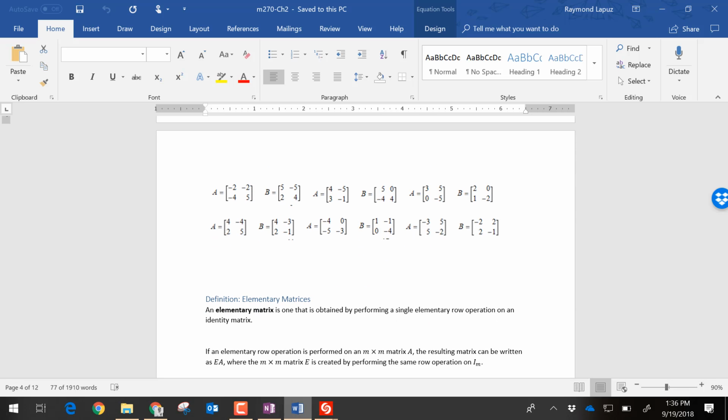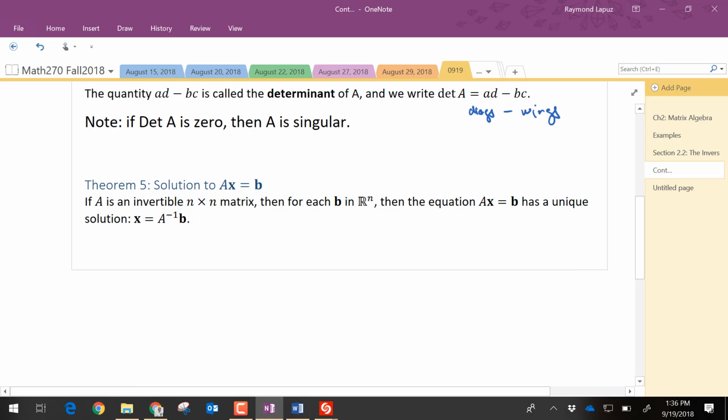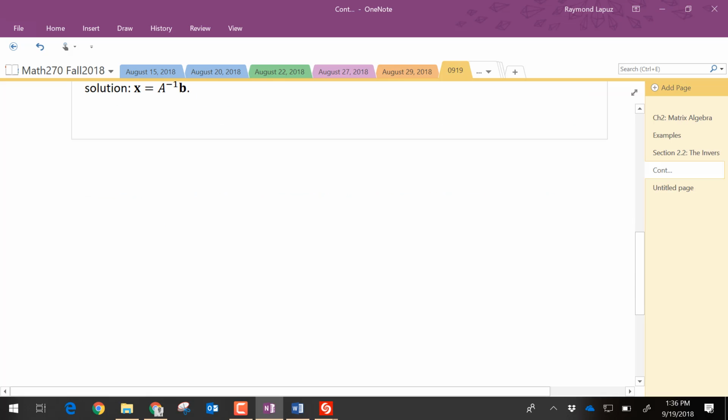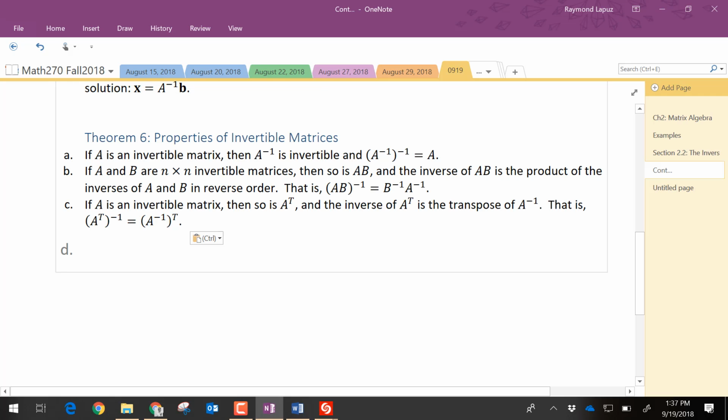I have a bunch of examples. So the first one, if A is invertible, then the inverse is invertible, and the inverse of the inverse is itself. Seems obvious, but needed to be said.